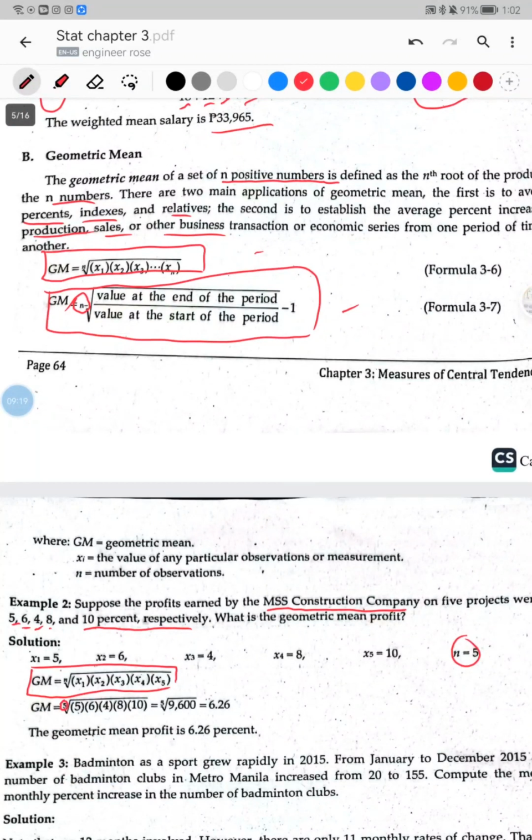So, for the geometric mean, the n-th root, whether cube root or square root, is the n-th root. Then multiply: since n is 5, we put 5. Given the corresponding percentages, 5 times 6 times 4 times 8 times 10. Make sure to use a scientific calculator to solve appropriately.